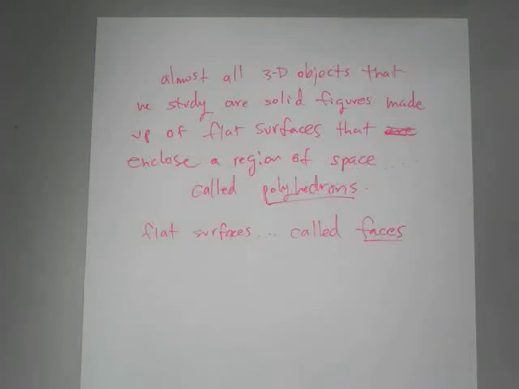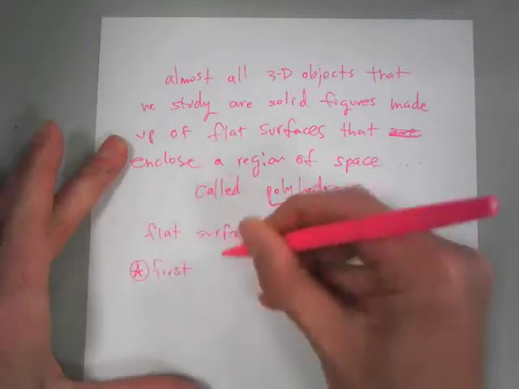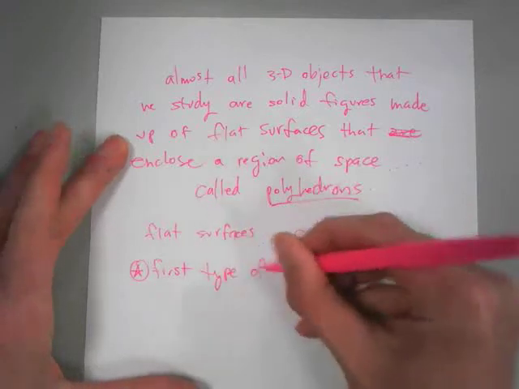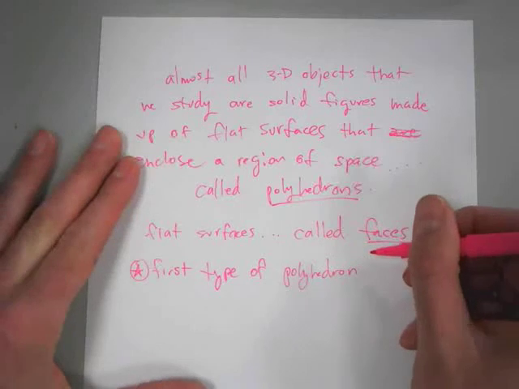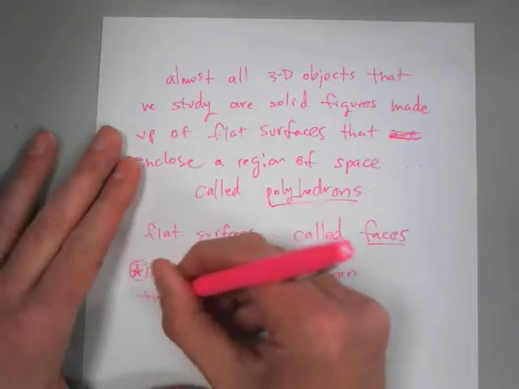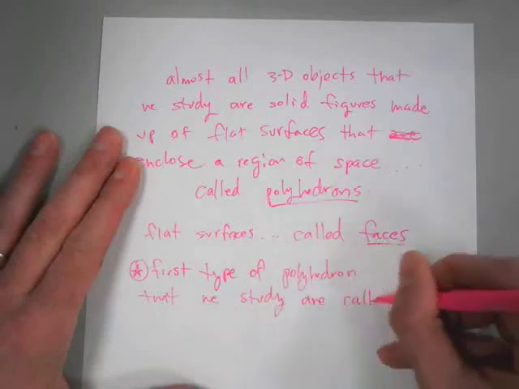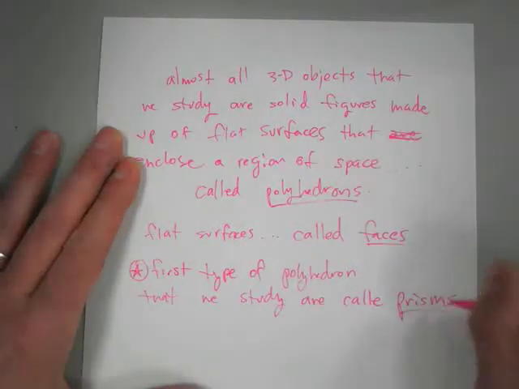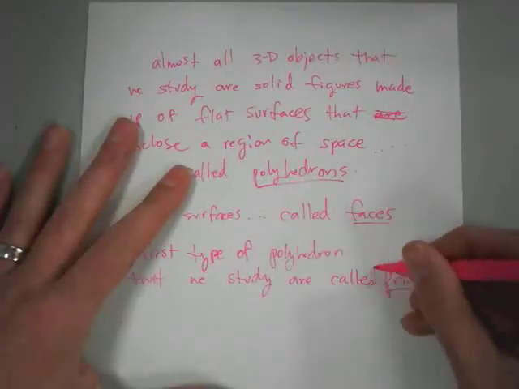So the first type of polyhedron that we study are called prisms, and prisms might make you think of something funny or optical, but it's just something defined like this.